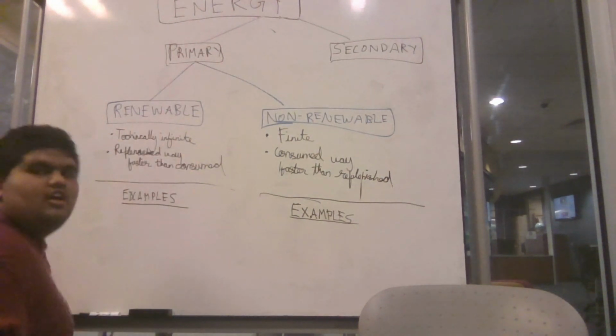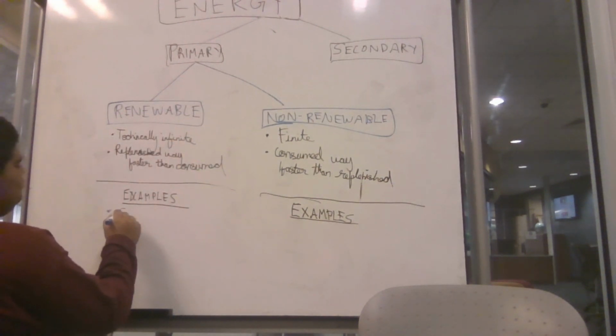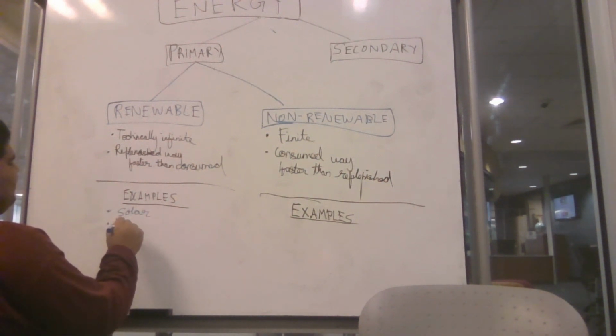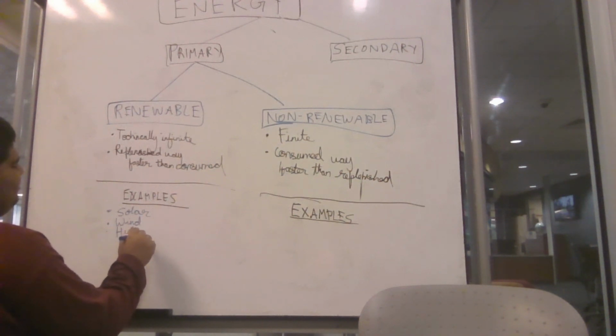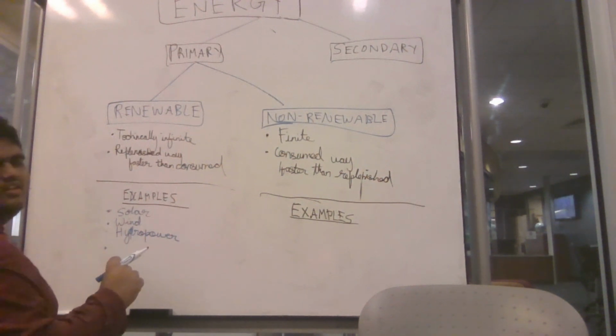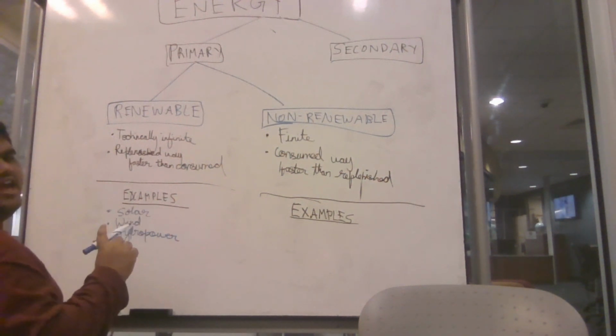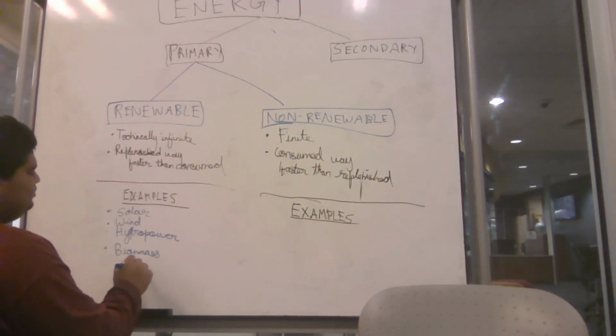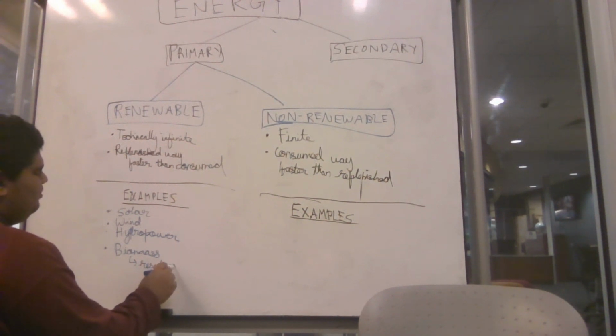Examples of renewable energy include solar energy, wind energy, hydropower, and biomass, such as residues from forests and trees.